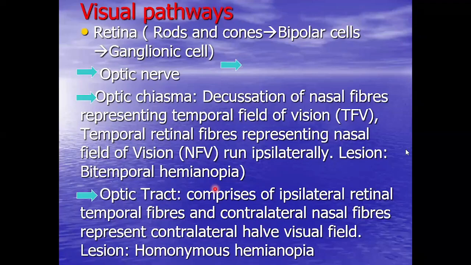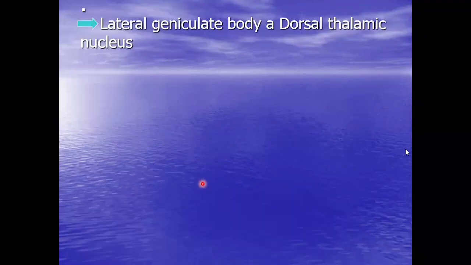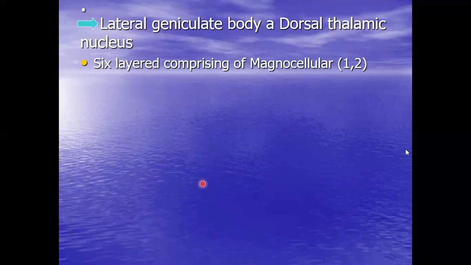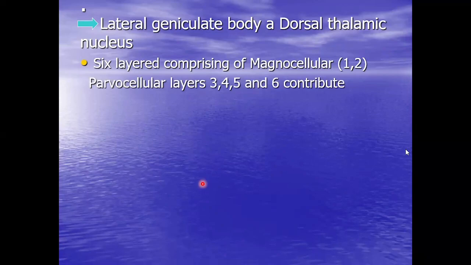The lateral geniculate body, if you remember, is the relay center. It's in the thalamus. So it is comprised of 6 layers. We have two types of neurons. Large neurons are in layers 1 and 2. Small neurons are in layers 3, 4, 5, and 6.